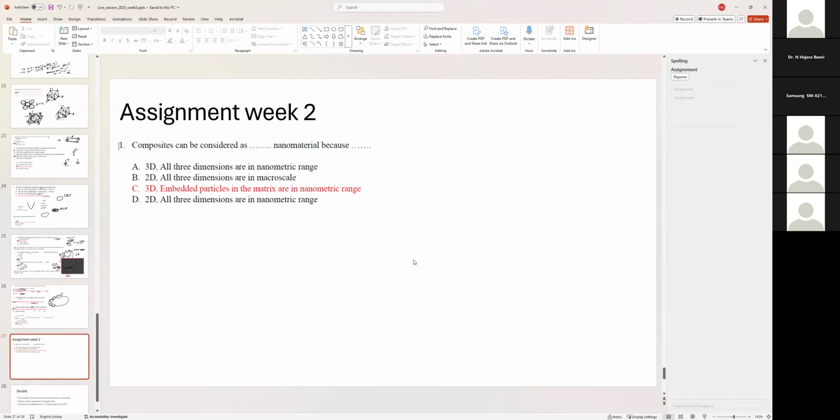Composites can be considered as bulk nanomaterial because composites are usually made up of 3D material. Let's eliminate the options. 2D means they're saying all three dimensions are in macro scale.